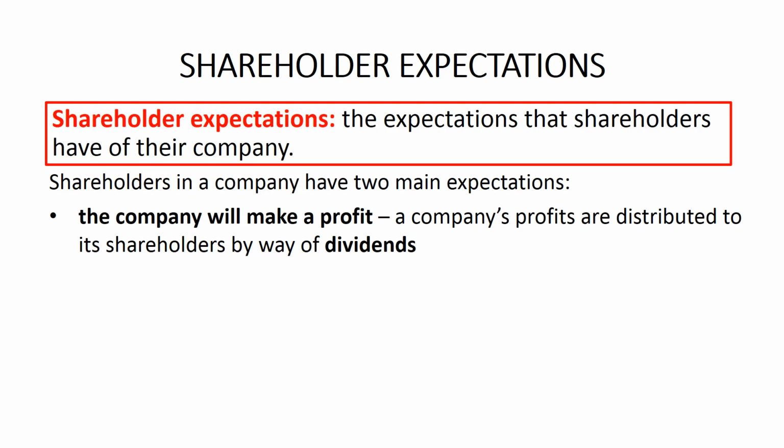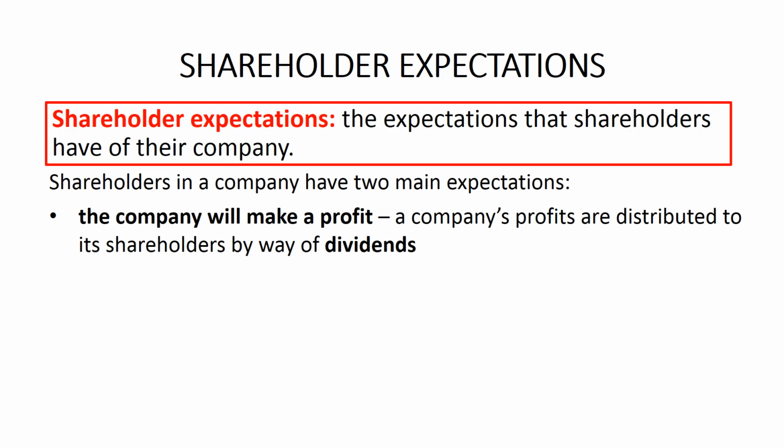One of the main reasons that shareholders buy shares in a company is so that they get paid a dividend every year. And that's important to shareholders because that is the return that shareholders earn on the money that they have paid to the company for shares in that company. So one important expectation that shareholders have is that the company will make a profit, and as a result, the company will have a business objective of making a profit.